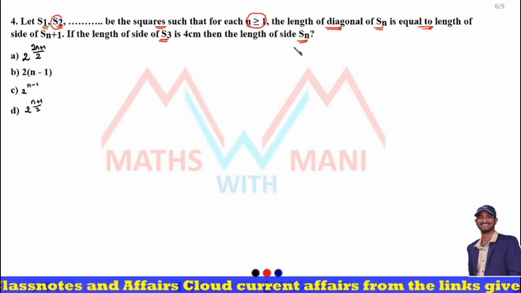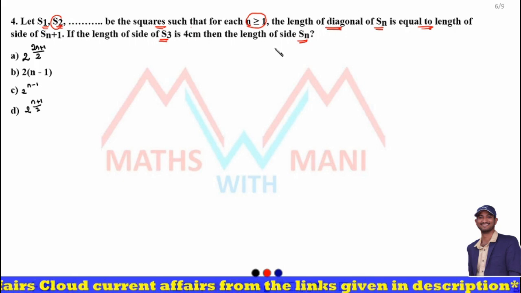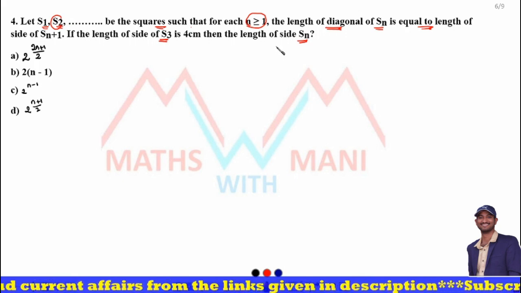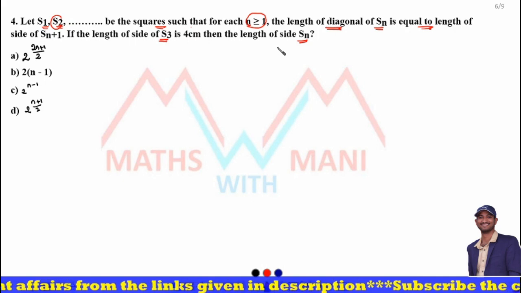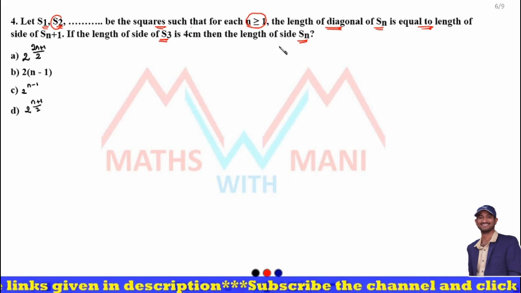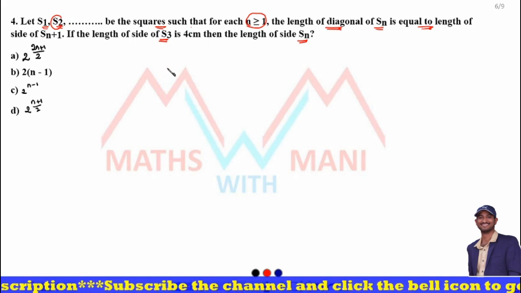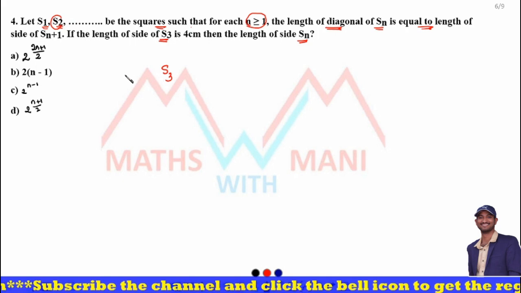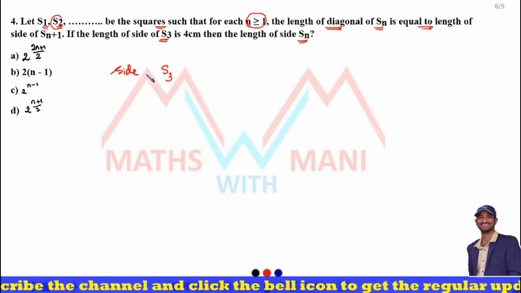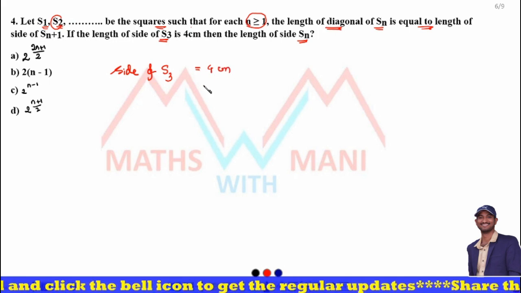I am asking, what is the side of Sn? It is very simple. First I'll tell you through options. If the options have the same value, then you can proceed using the procedure. Let's see the length of side S3. The side of S3 is given as 4 centimeters.